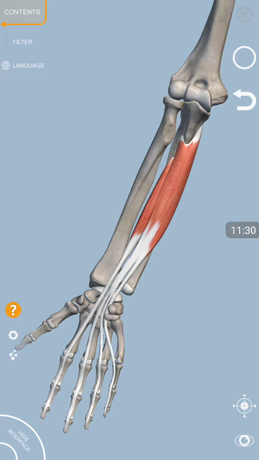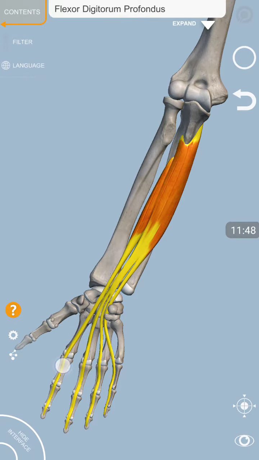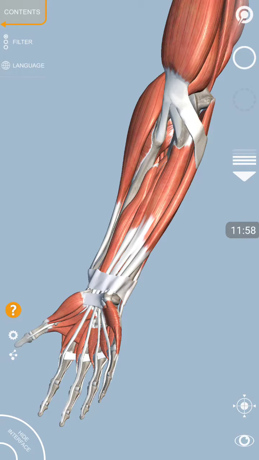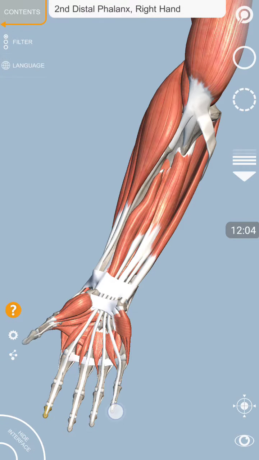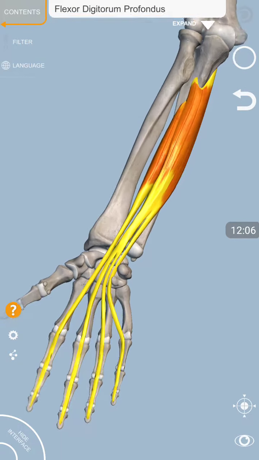This profundus muscle is dividing into four slips, and because it is the deepest layer, these slips would reach till the distal phalanx. So these four tendons would pass between the two slips of the superficialis muscle, which we saw previously, to attach onto the distal phalanx. So this was profundus.